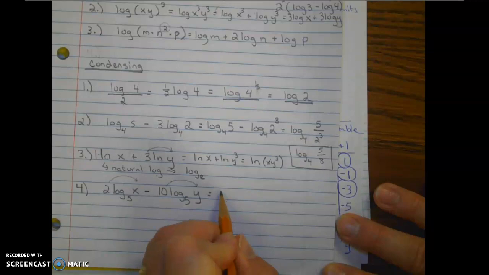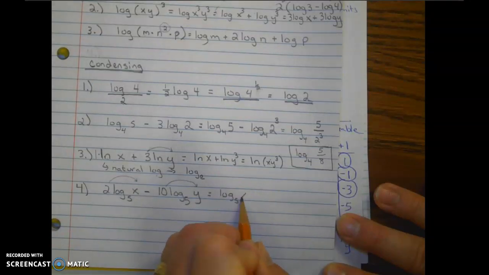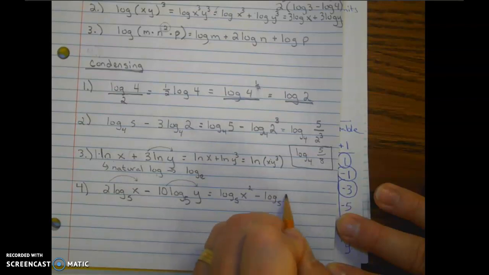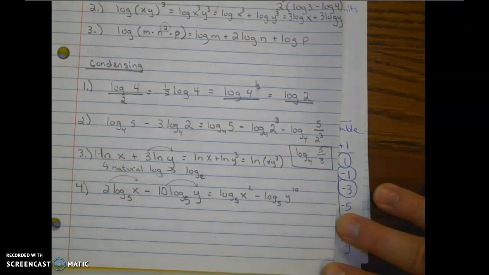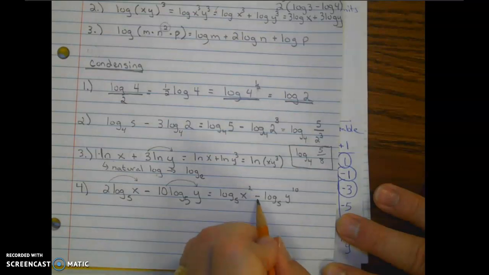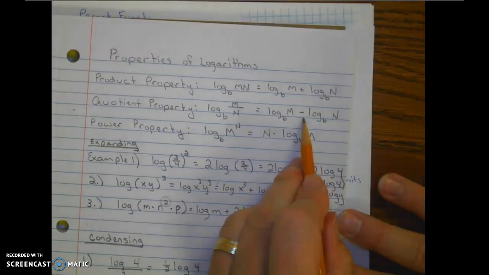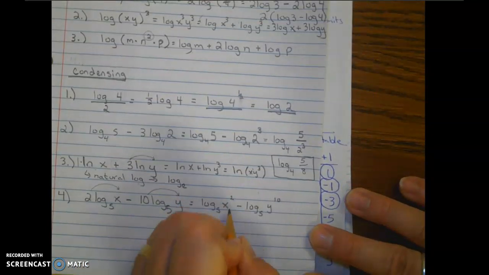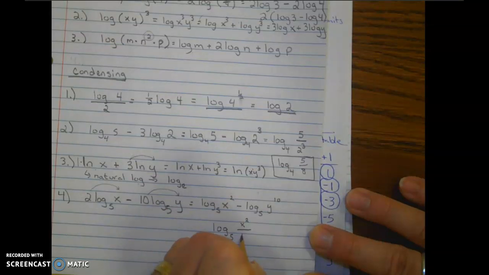So we're going to have log base 5 of x squared minus log base 5 of y to the 10th. Then applying the quotient property, subtraction: remember, we're condensing, so subtraction goes to division. Writing this as 1 log, we have log base 5, x squared in the numerator, y to the 10th in the denominator, and we can't simplify that, so that's our condensed answer.